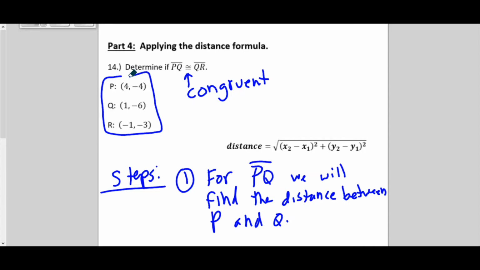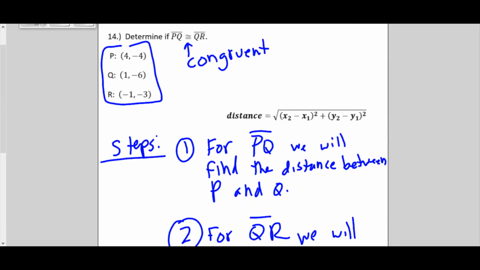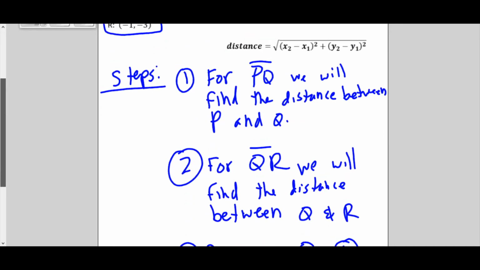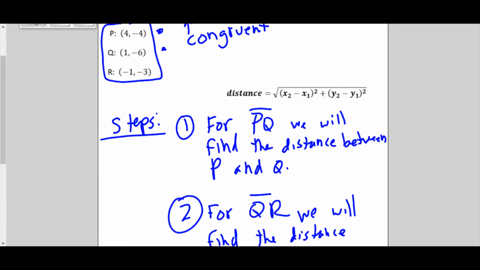So to determine if the lengths of each of these are congruent, the steps that we'll use are, step 1, for the length of PQ, we're going to find the distance between points P and Q. For the length of QR, we'll do something very similar, but this time we're going to find the distance, or the length, between Q and R. So this time we'll be using points Q and R to find the distance.